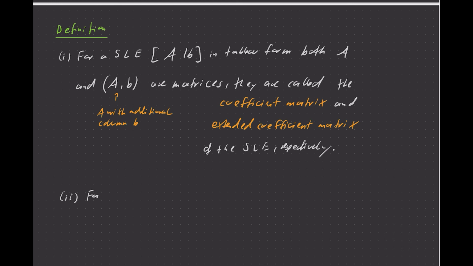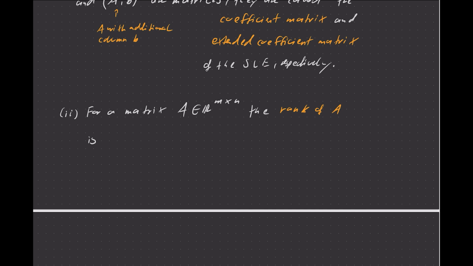So for a matrix A in R^(m×n), the rank of A is defined as the rank of the system of linear equations where A is the coefficient matrix, and the right hand side doesn't really matter for that, but just put 0 here.